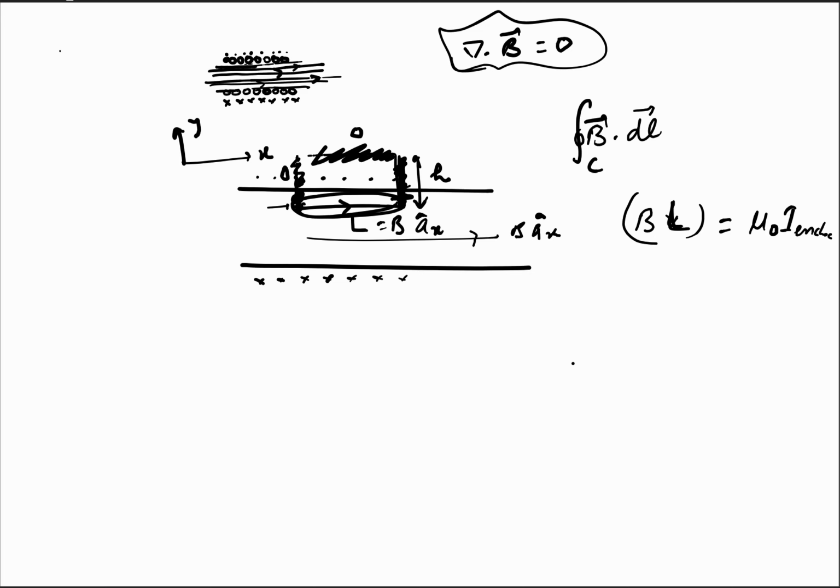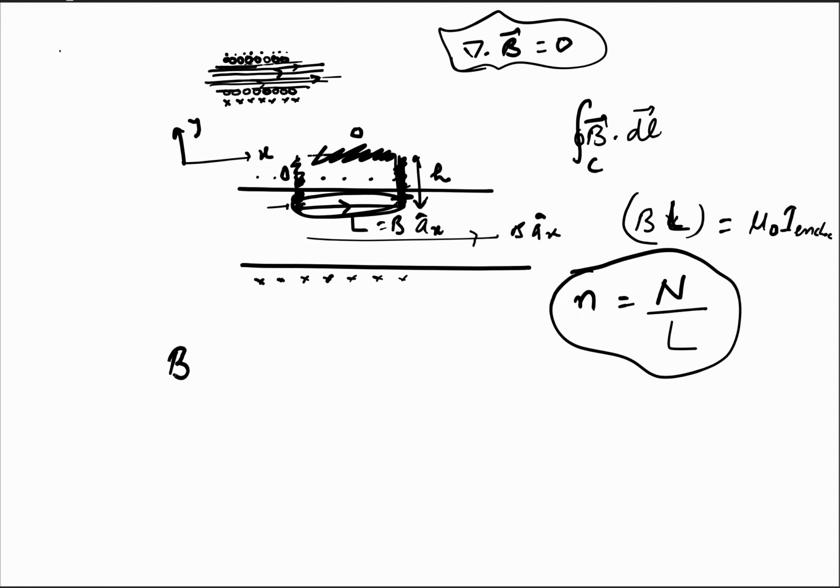So let us say there are n turns per unit length of the solenoid. That is, let us say the total number of turns is nL and the total length is L. So for our case the enclosed current will be: B l is equal to mu naught n into l into I enclosed.